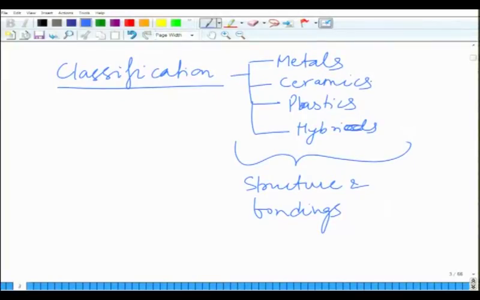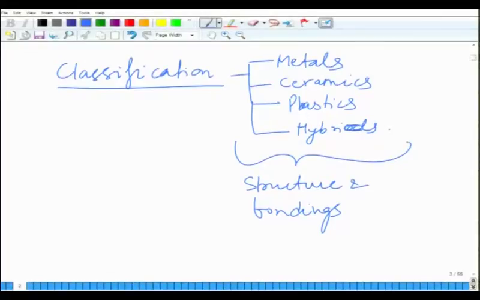Most ceramics are ionically and covalently bonded, that is why ceramics are hard and brittle and strong. Plastics are a mix of covalent bonding and secondary bonding of van der Waals bonding, and that is why they are softer. And hybrids are a mixture of both of them, so they may have a different scenario, but this particular classification of these three categories is primarily related to the bonding in materials.